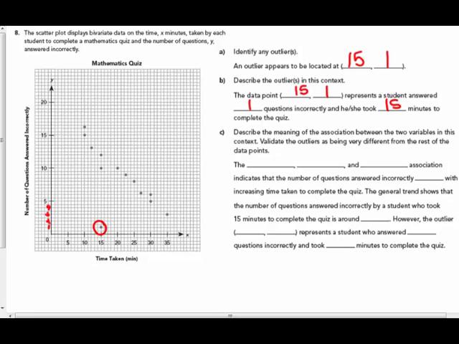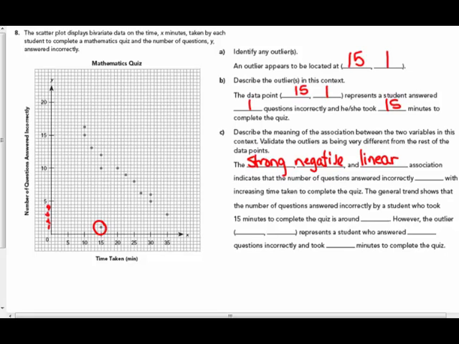So the rest of the data points, minus this one outlier, look pretty close, clustered, linear, negative. So I'm going to say strong, negative, and yes, they appear to be going in a line, a linear association.